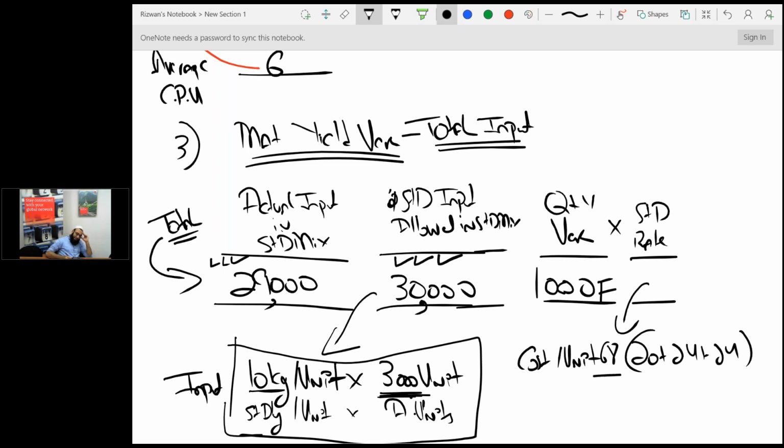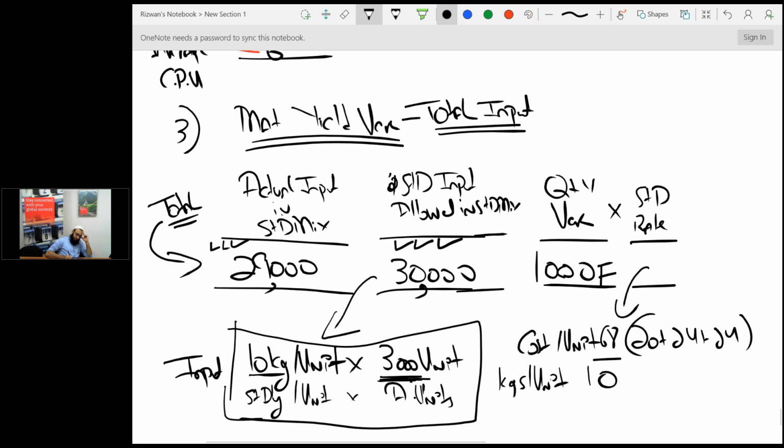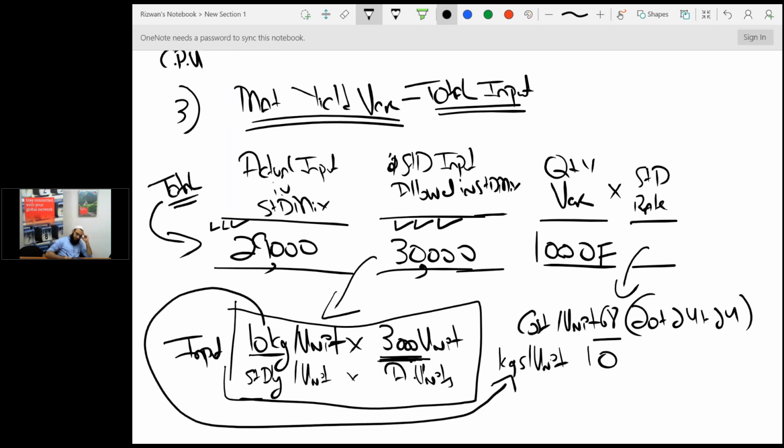Now you divide this by the kgs per unit. So the kgs per unit required are how much? 10. If you look here, you can find out 10. So what is the answer? The cost per kg is 6.8.